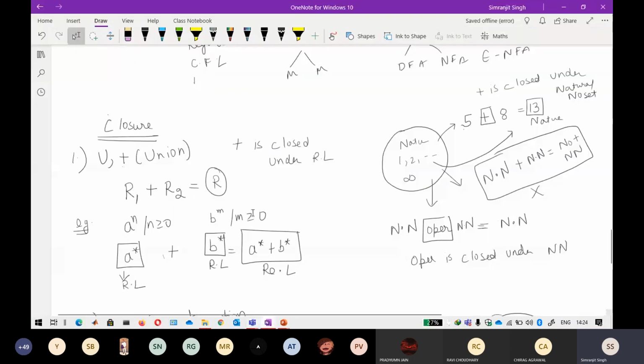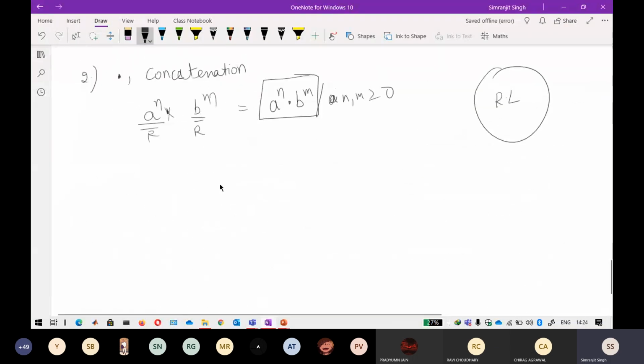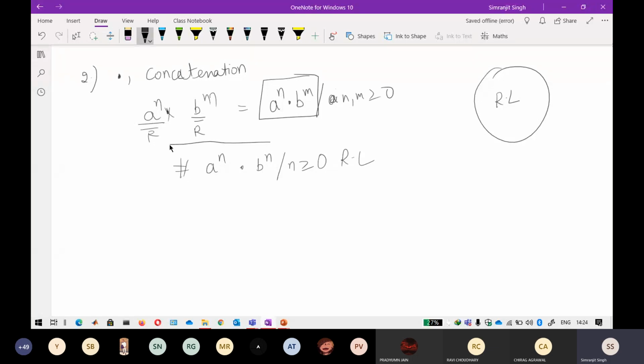I knew that you would ask about this: a raised to power n and b raised to power n, and when we combine it, it will become a raised to power n b raised to power n, and in concatenation, exactly this is not a regular language. I also got the same doubt when I was teaching you, so let me clarify this and tell you in the next class. That is an absolutely valid doubt. I will tell you in the next class why this is the exception here.